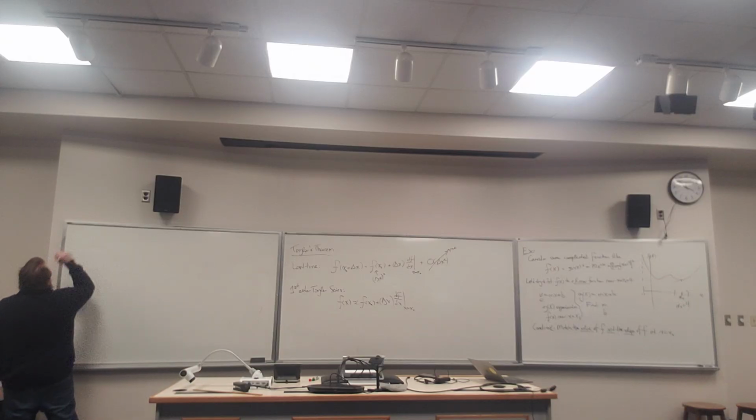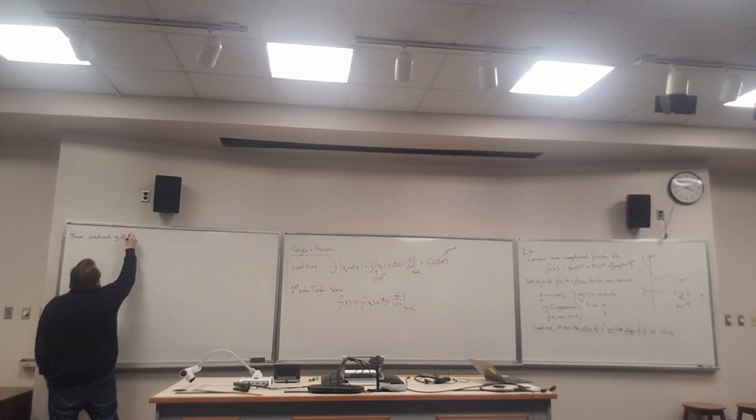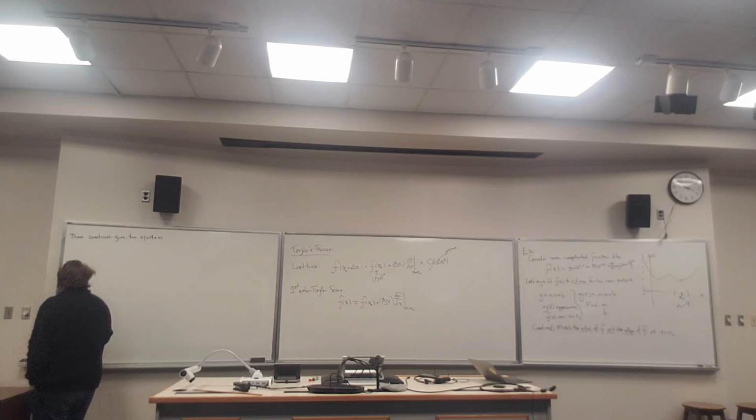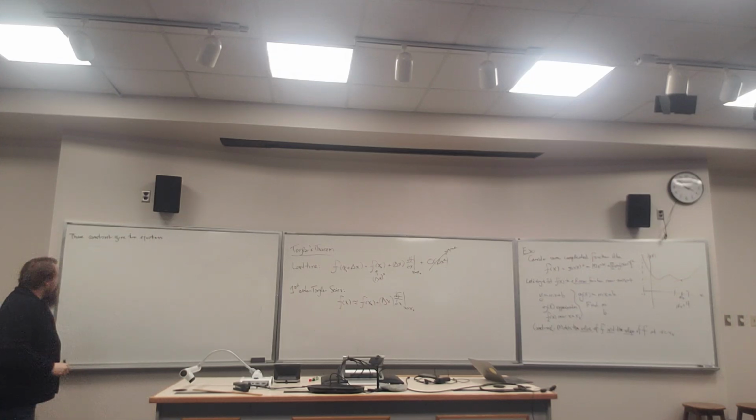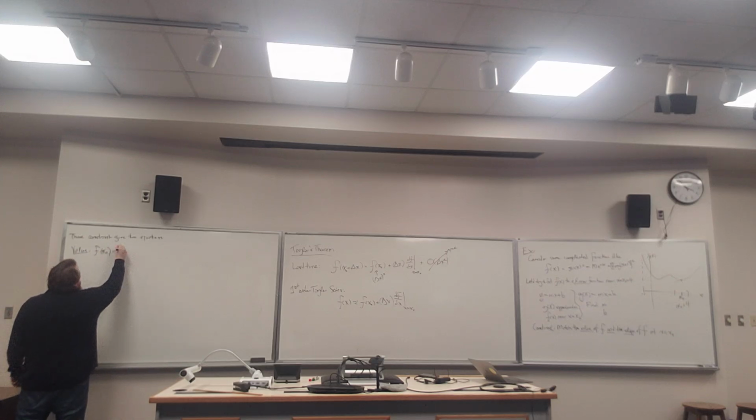So these constraints give two equations. First, we want to match the value. So we have f of x naught is equal to some value f naught.